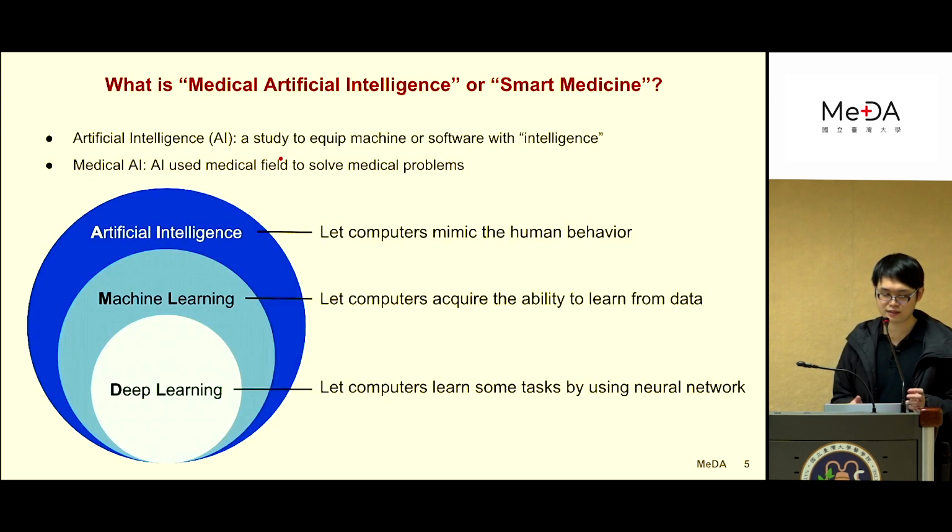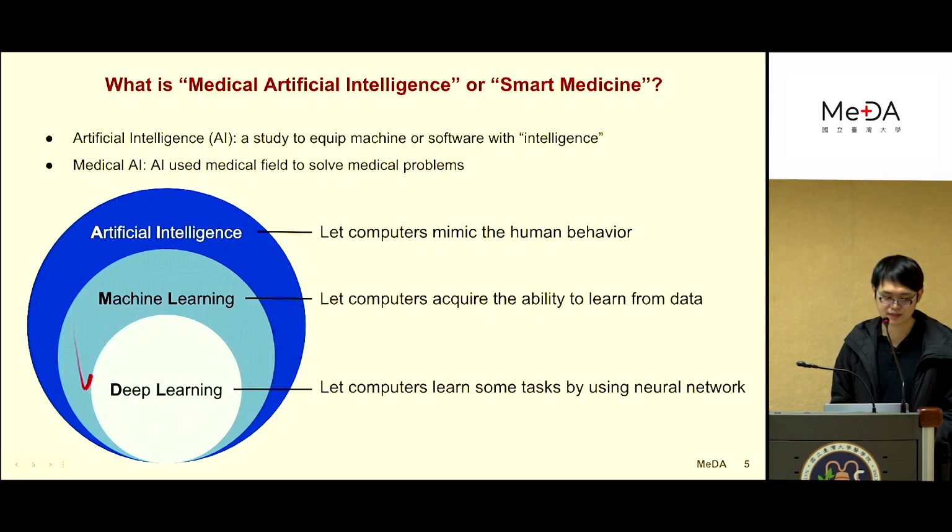AI means we want to let the computer or some machine mimic the behavior of humans, to have the intelligence created by humans. So it's called artificial intelligence. Medical AI means using AI in the medical field to solve medical problems.